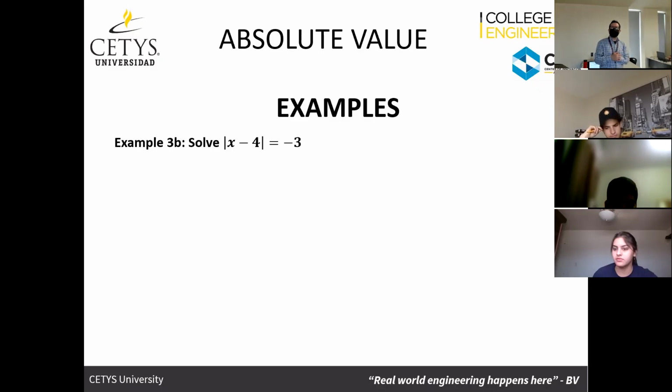Let me ask you the following. It says the absolute value of x minus 4 is equal to minus 3. Can an absolute value be negative? Yes or no? So is there any number that is going to satisfy that equation?